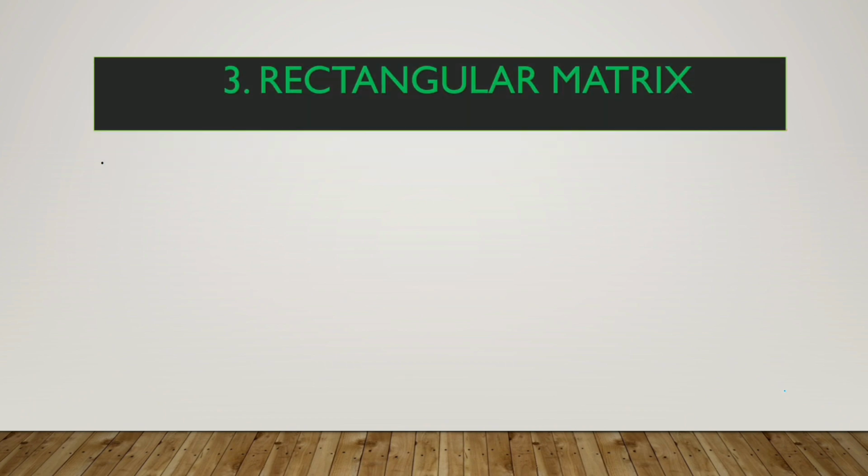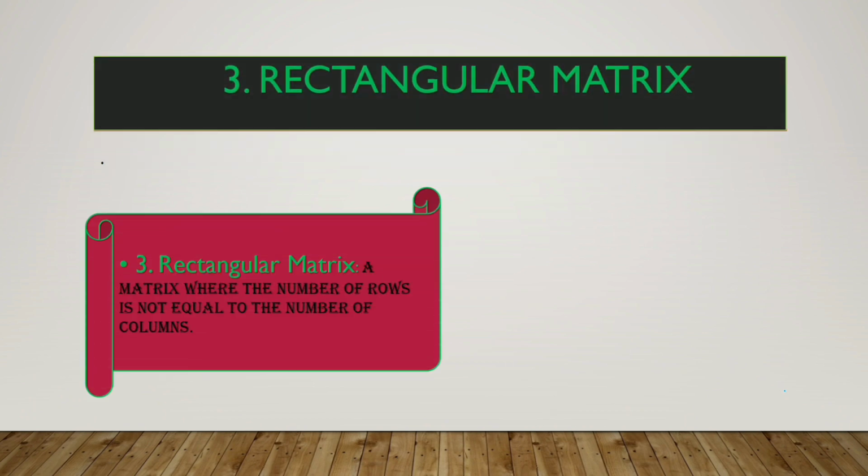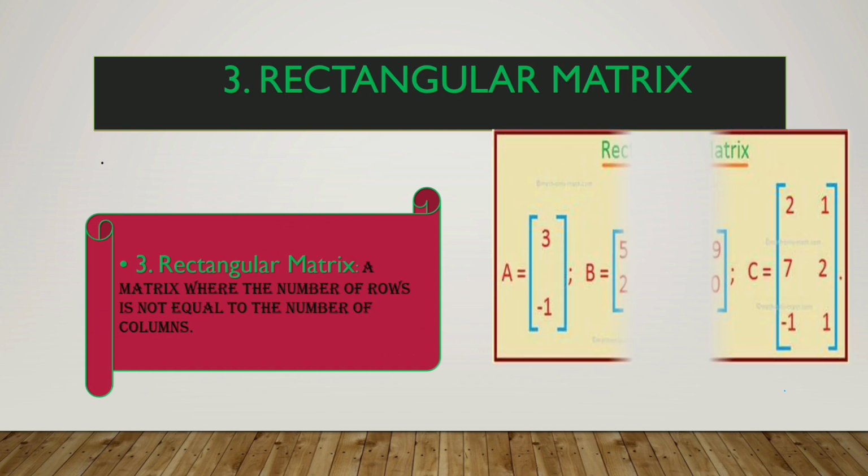So next one is all about rectangular matrices. So by definition, a rectangular matrix is a matrix where the number of rows is not equal to the number of columns. Let's take example. So ibi bishatse kuvuga ko rectangular matrices ni matrices ifite rows zitangana na column.